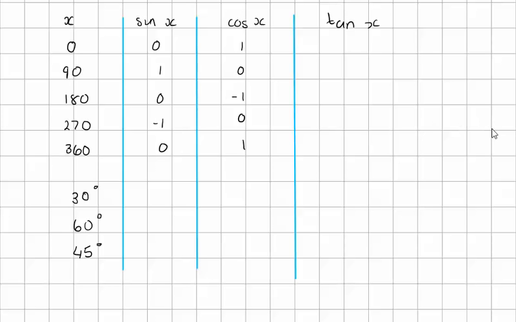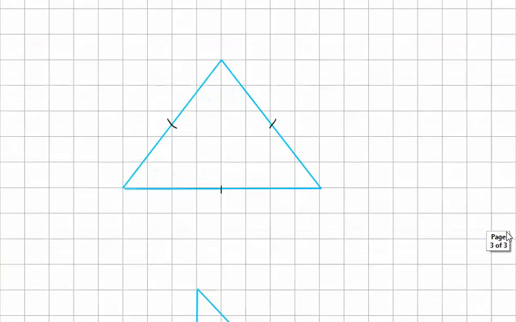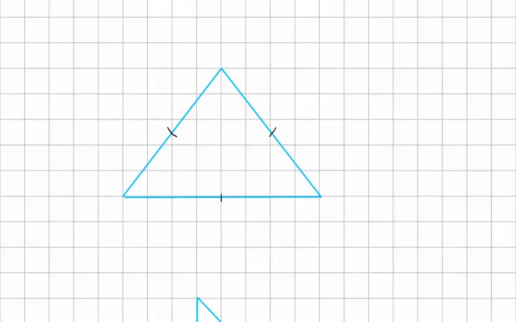So the next phase to do 30, 60 and 45, we start looking at triangles. What triangle have I drawn, Ella? Equilateral triangle. How do I know it's an equilateral triangle? Because I have the markings on all three sides.